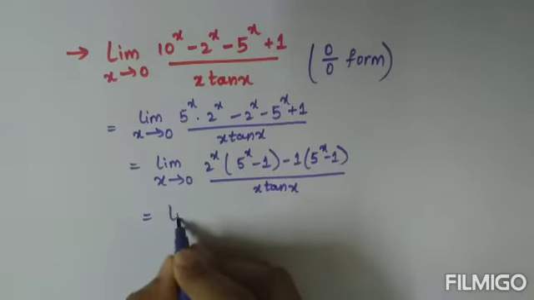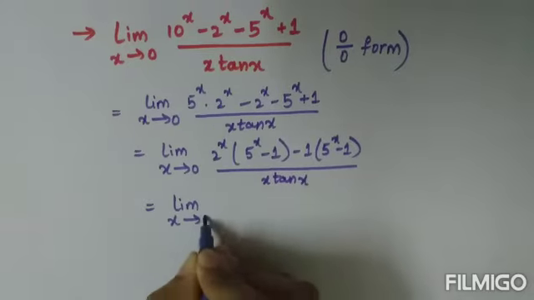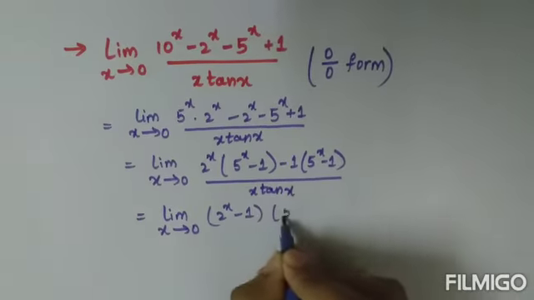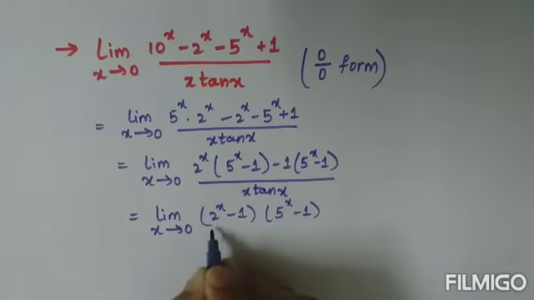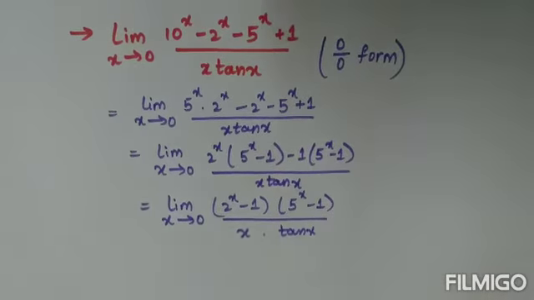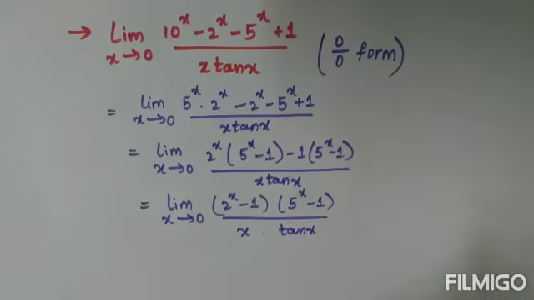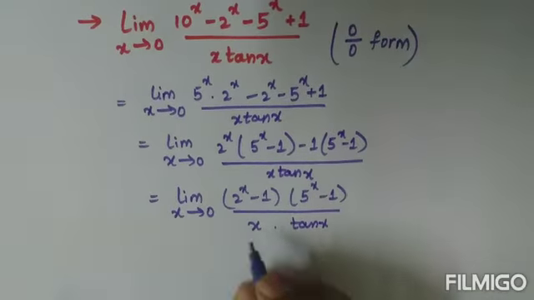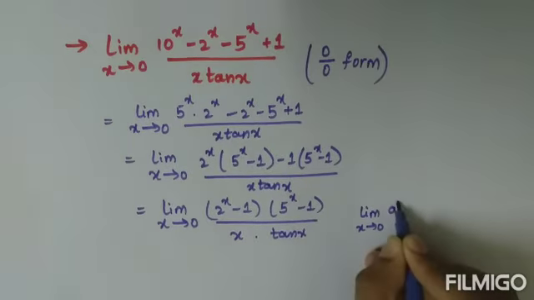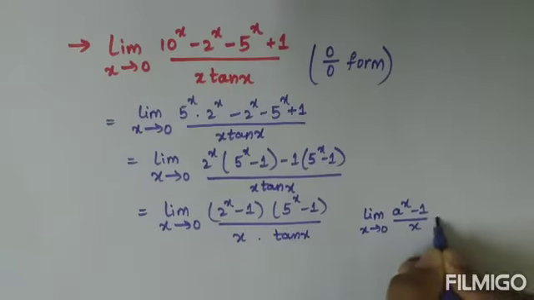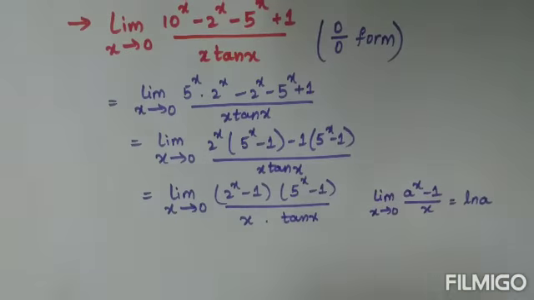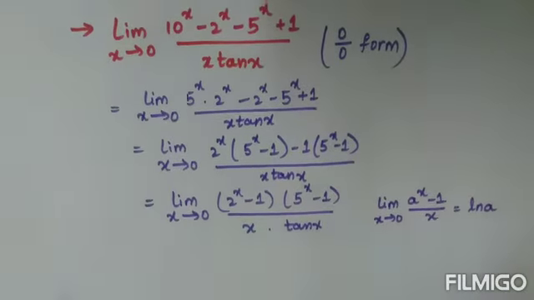Now if we split further, we get limit x tends to 0, 2 power x minus 1 into 5 power x minus 1 by x tan x. How to evaluate this? From the previous formula, limit x tends to 0, a power x minus 1 by x is nothing but ln a. So here this expression becomes ln 2. Now how to solve these both?